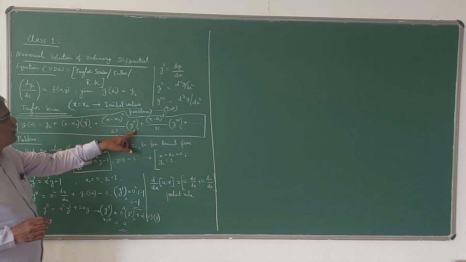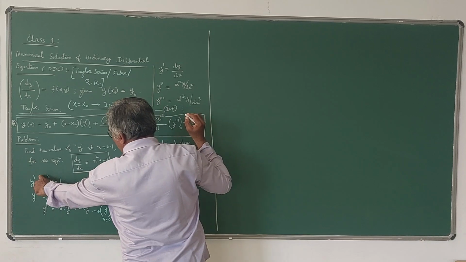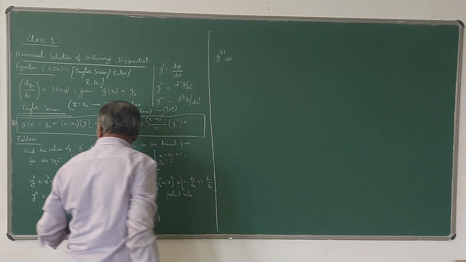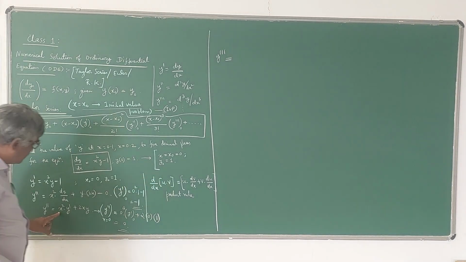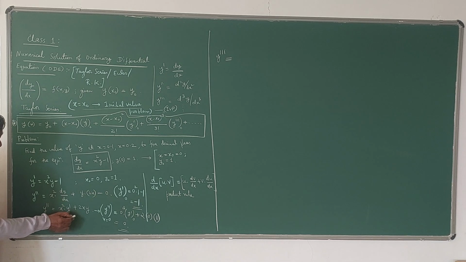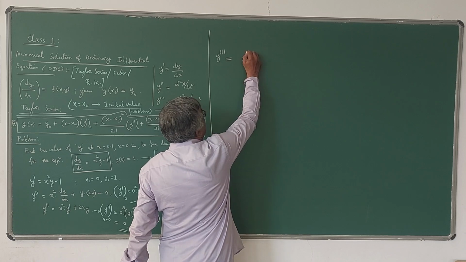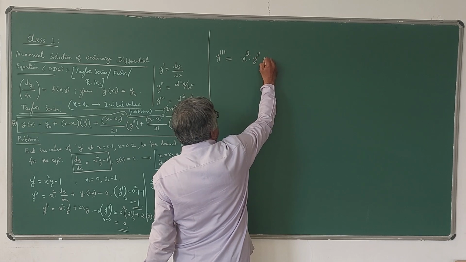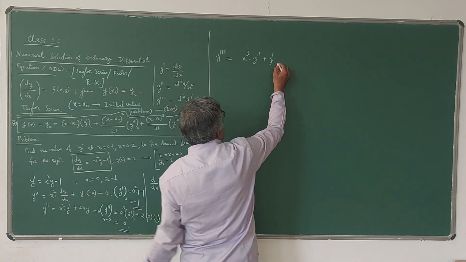So this is over, this is over. Now let us find out this value, y triple dash. So first derivative is over, second derivative is over. Once again you differentiate the second derivative with respect to x, you will get the third derivative. Now I have to differentiate this. To differentiate this, I have to use once again the product rule. First function here x square, second function y dash. Here first function x, second function y. So first function x square into derivative of second function y dash is y double dash, plus second function is y dash into derivative of x square is 2x.